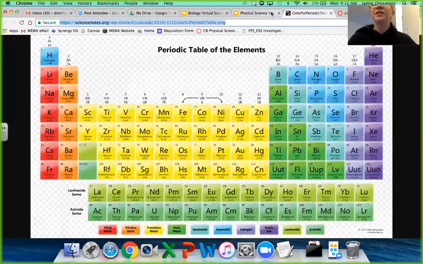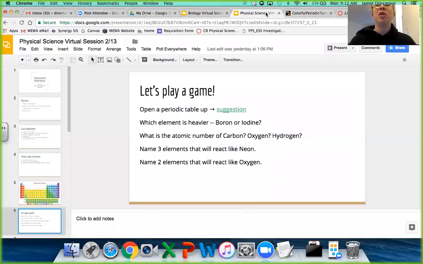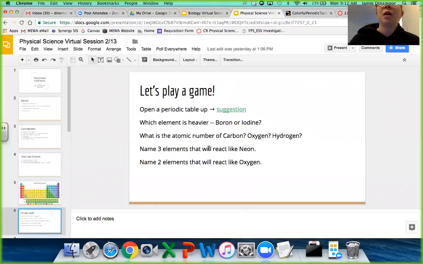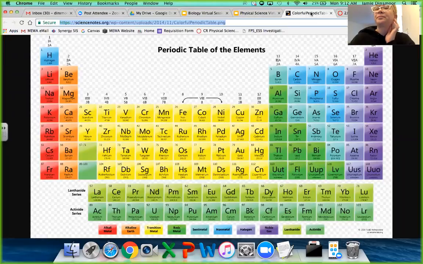Excellent. Right, this might seem really simple. In fact, some people are probably like, of course everyone can find that. But I'm telling you, the more that you look at and use the periodic table, the easier it gets to find stuff on it. Because there will be times where you're looking for an element that's super obvious and you just can't find it because there's so many and you're just looking and looking and looking. So it's always good to practice finding stuff. Okay, name 3 elements that will react like neon.